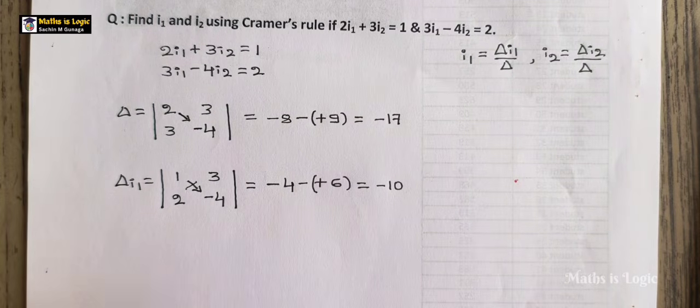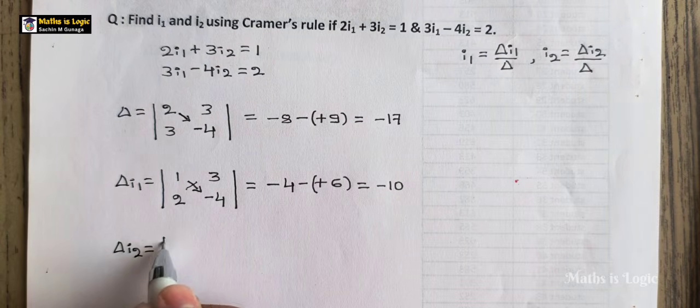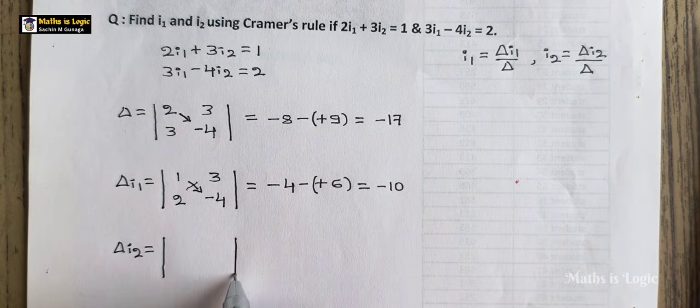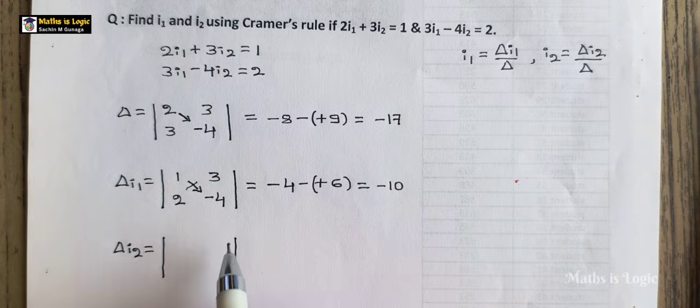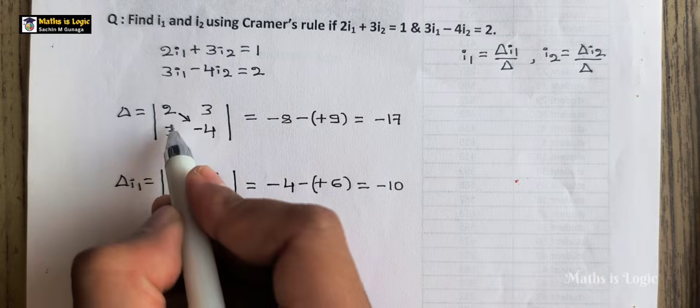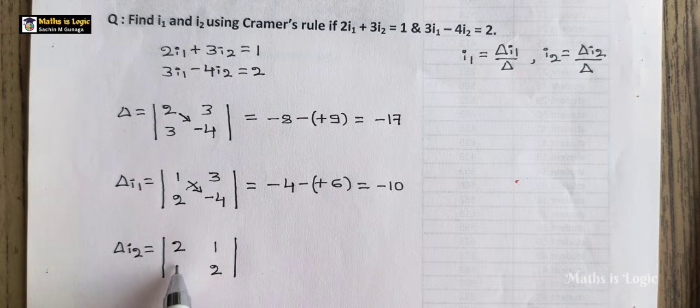Next, delta I2. To get this delta I2 value, in delta the second column is replaced by these two constant terms, that is 1 and 2, and keep the first column in delta as it is, 2 and 3. Again do the cross multiplication.